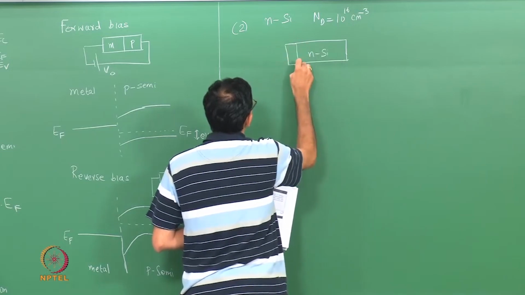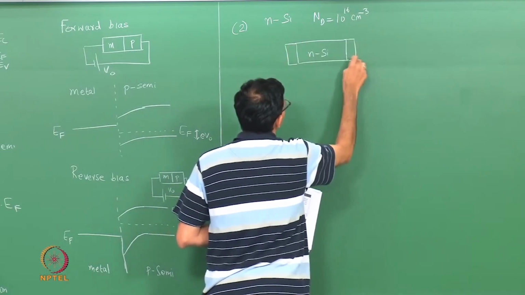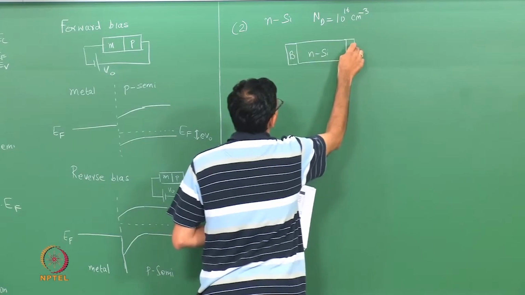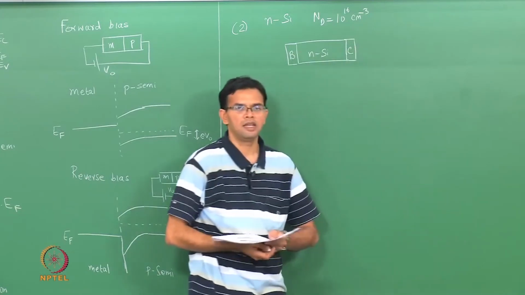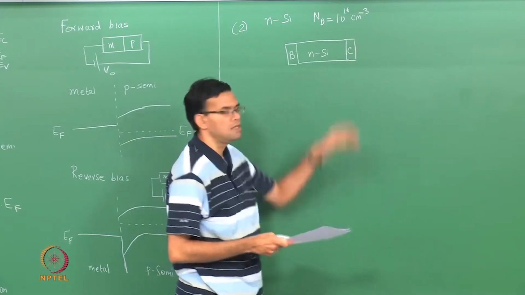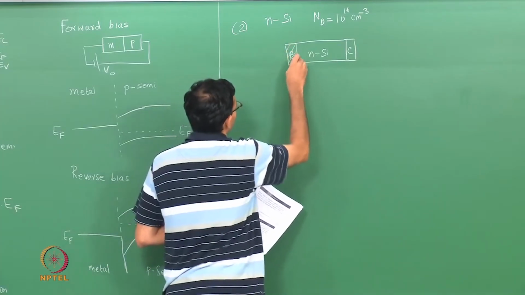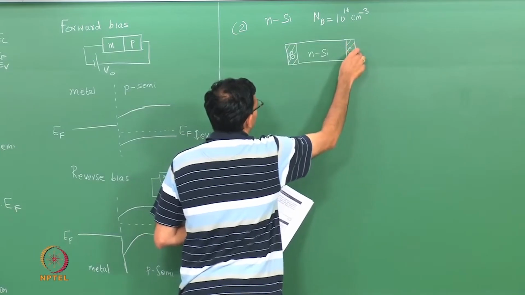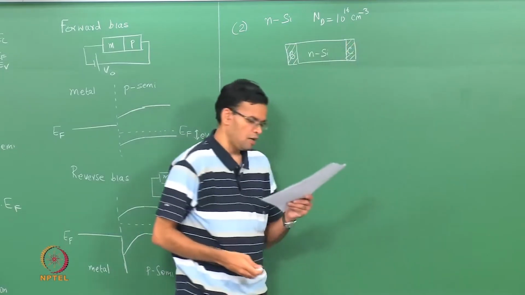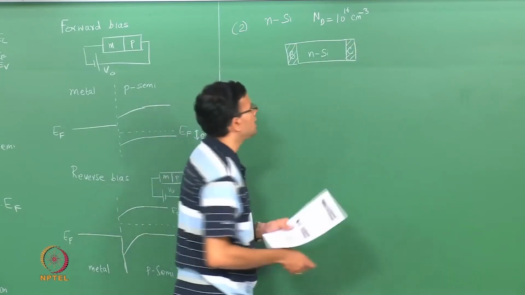So, if I were to draw a schematic, this is my N silicon and I have B and C on both sides. So, let me just shade them to show you that they are essentially metal contacts. The electron affinity of silicon is given.